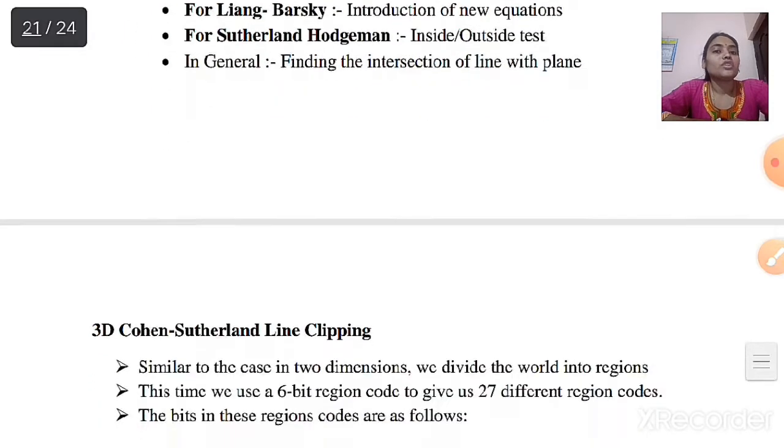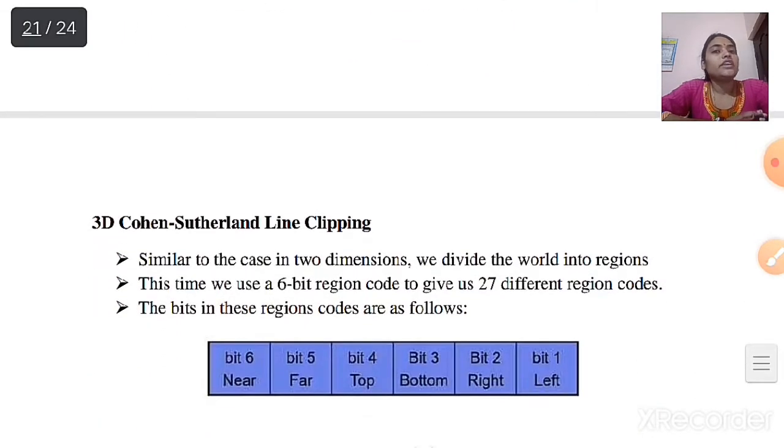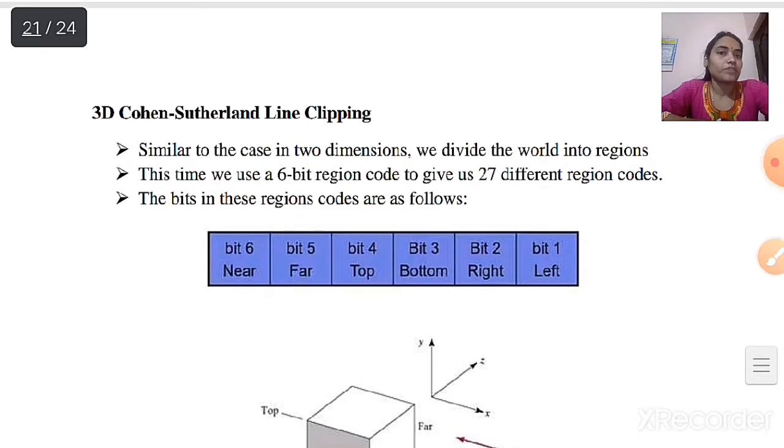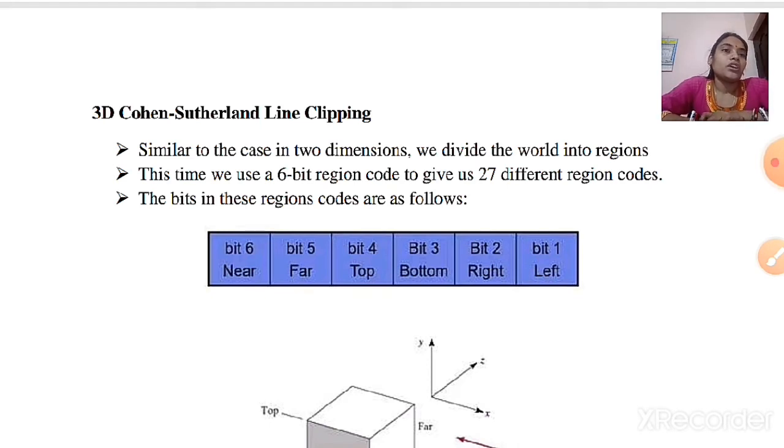Okay. So let us discuss the 3D Cohen-Sutherland line clipping algorithm. As we have previously discussed in 2D, in the Cohen-Sutherland line clipping algorithm we divided the world coordinate into different regions.